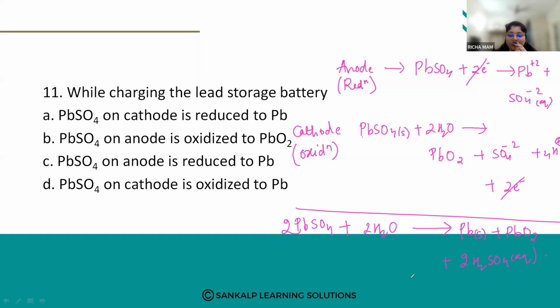This is our overall reaction. So our PbSO4 on the anode is reduced to Pb. So our answer is option number C.